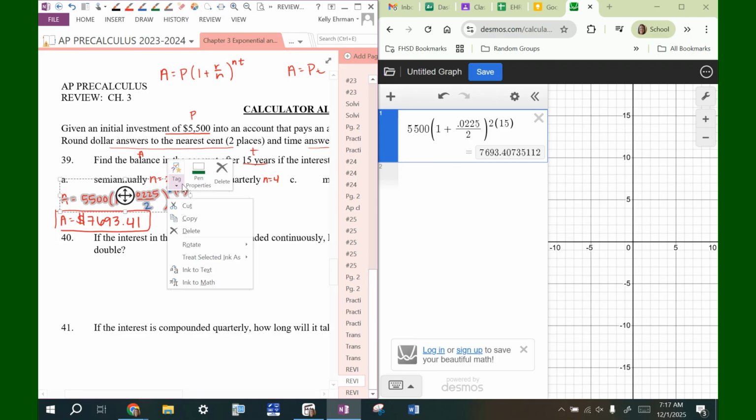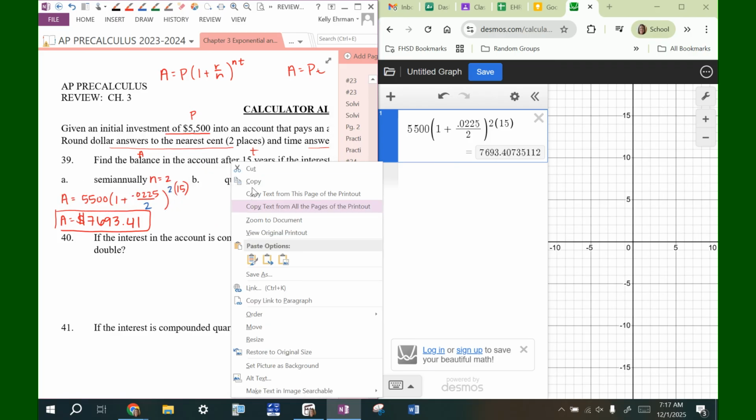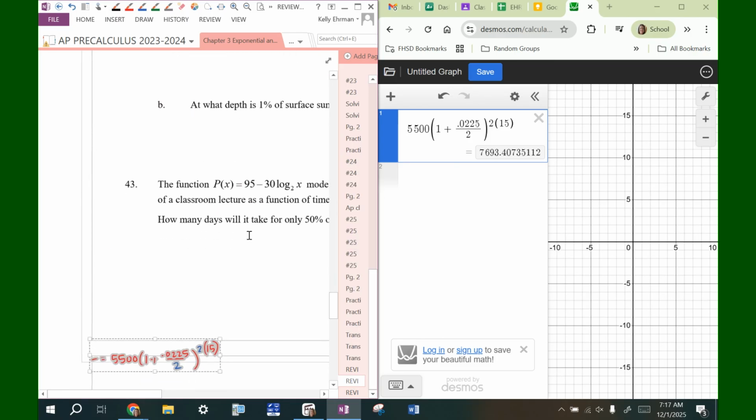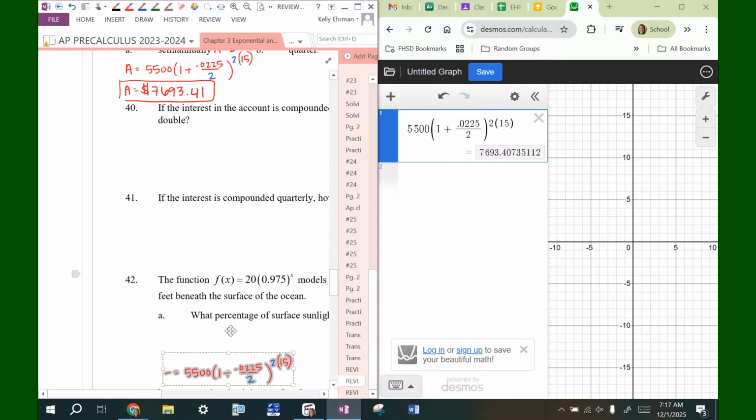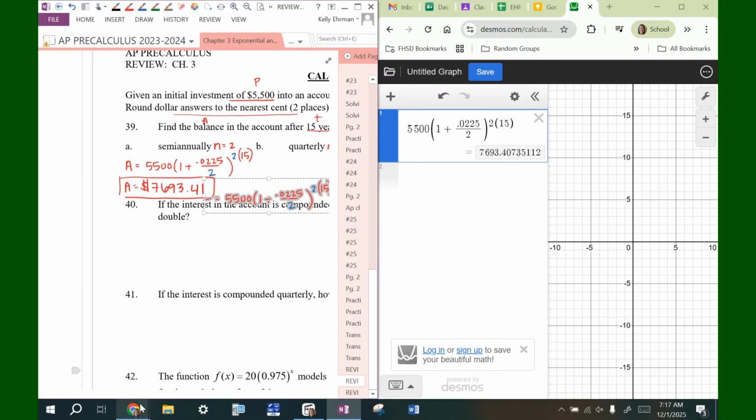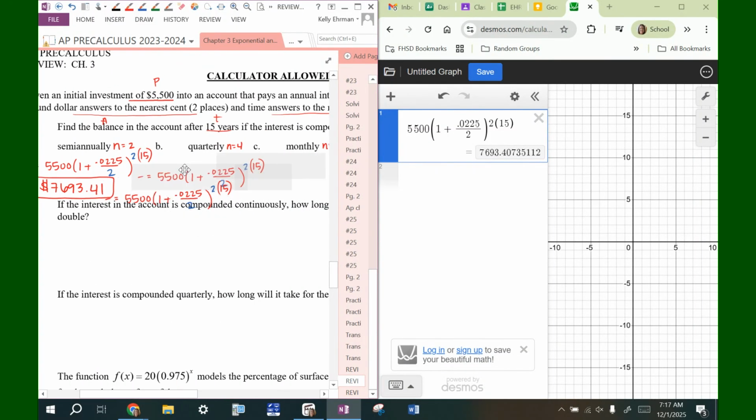The only thing that changes for quarterly is the value of N. Oh, of course, it's going to be complicated. Just trying to make things a little simpler. I guess that didn't really work. Okay, so here's my formula for the second problem. The only thing I'm changing out is now N equals 4.